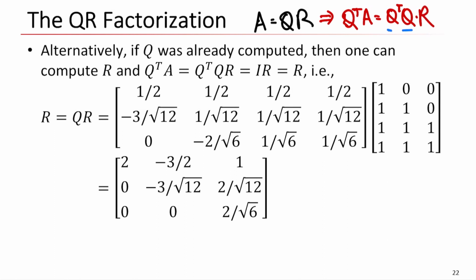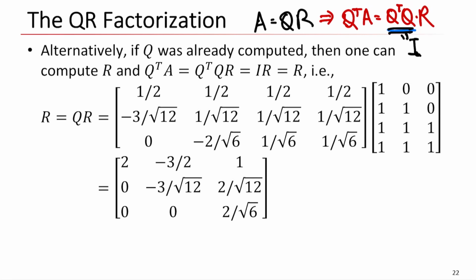So question, what is the Q transpose times Q? What is that? When Q consists of orthonormal vectors in each column. Identity matrix, right? Because if you go back to our lecture when we introduced the orthonormal vectors, there was the definition that Q transpose Q is equal to the identity matrix, right?